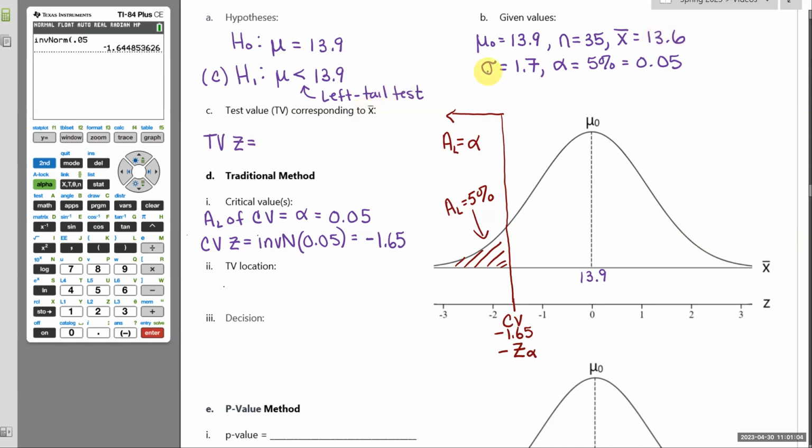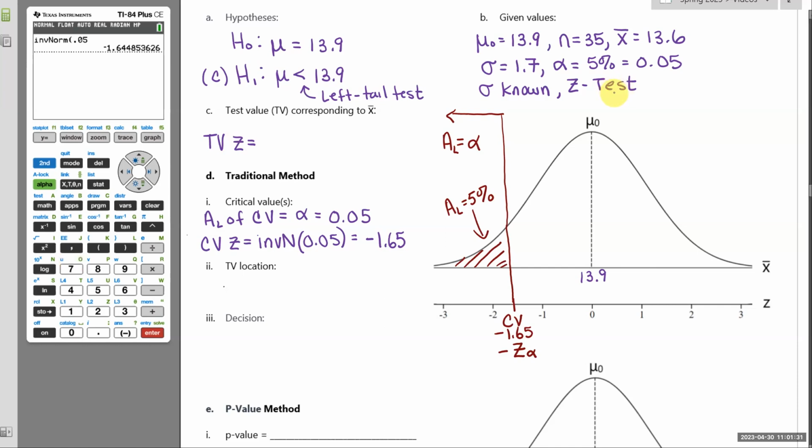All right, and because we are doing a claim about a population mean and sigma is known, we can use a Z-test to find that critical value. So you do not have to do a by hand calculation unless you would like to. You can always use technology to find that number.